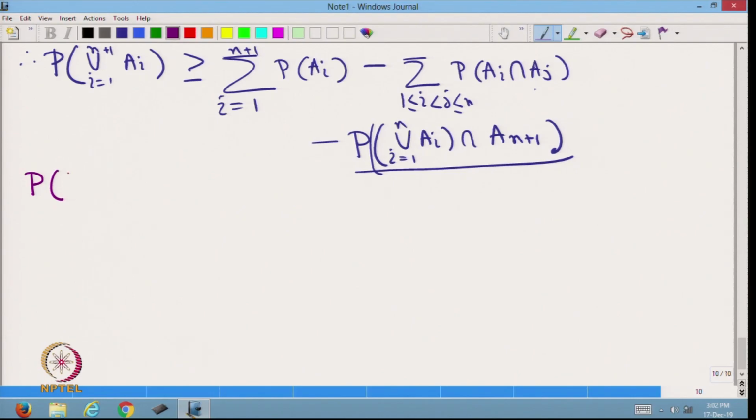Probability of union over i is equal to 1 to n of Ai intersected with A(n+1) is equal to probability of, because of the distributivity of intersection over union, we can write it as, let me expand it for your understanding.